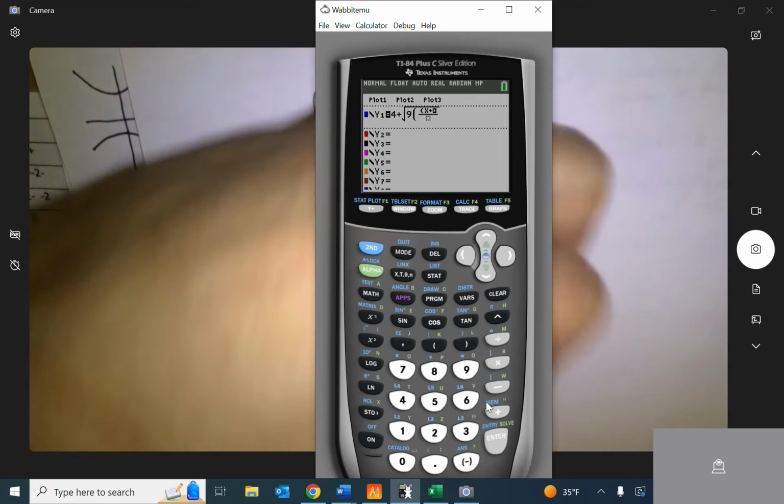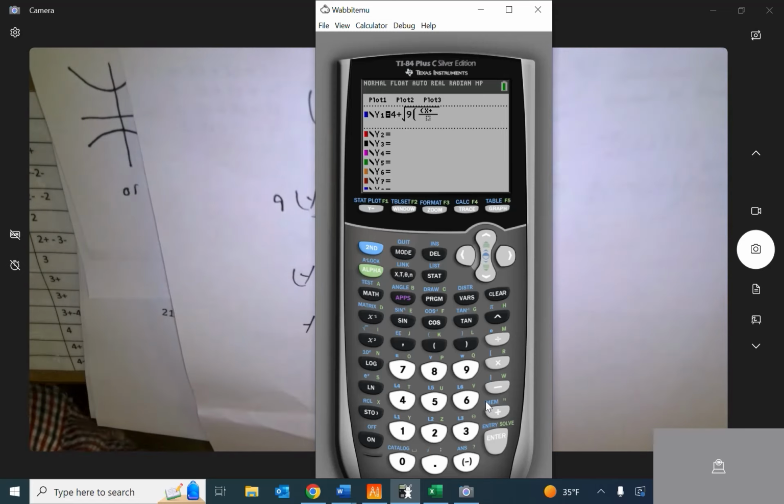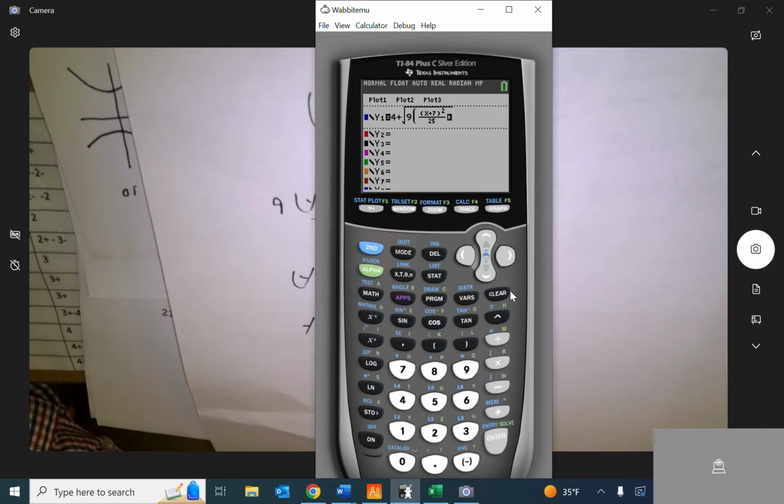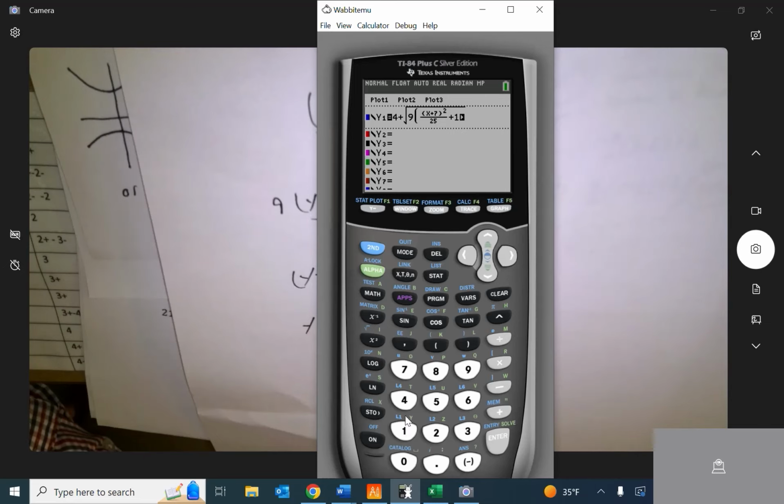I don't know why I said 27, it's supposed to be just 7. Typo there. The other one's the same thing except it's minus.